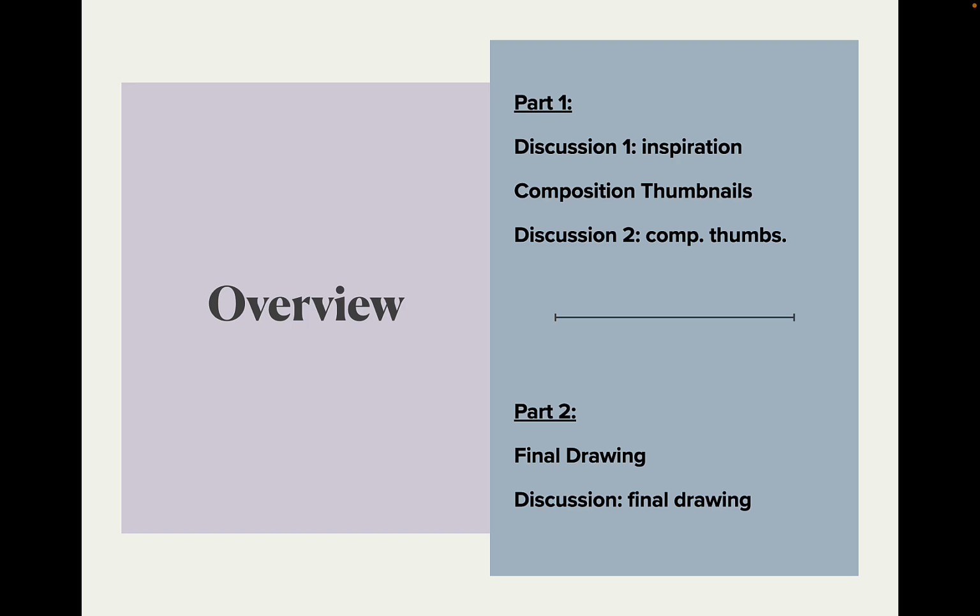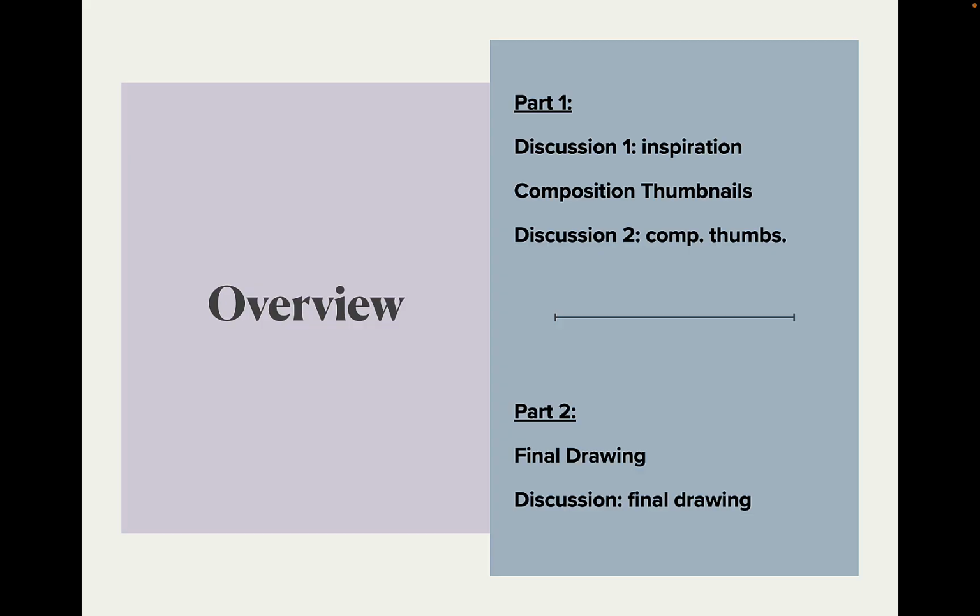So here's what our final project is going to look like. There's going to be 3 parts in total, but these are the first 2 parts that we're talking about. Part 1 of the final will be 2 discussions and some drawings. The first discussion will be you gathering some inspiration and posting about it so your classmates can see.